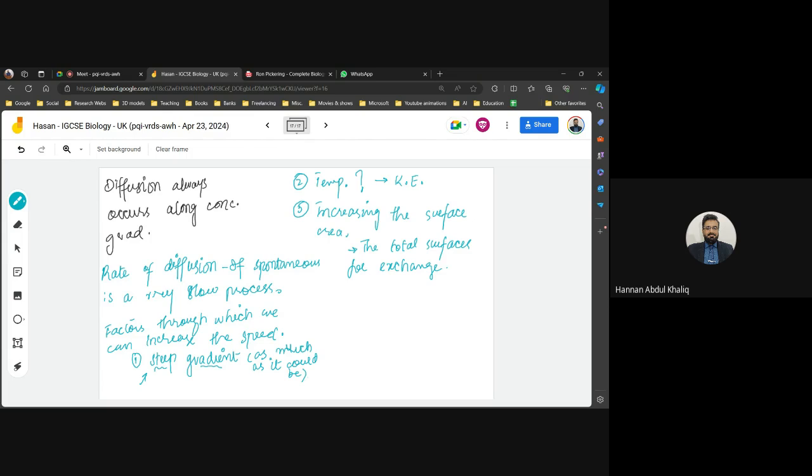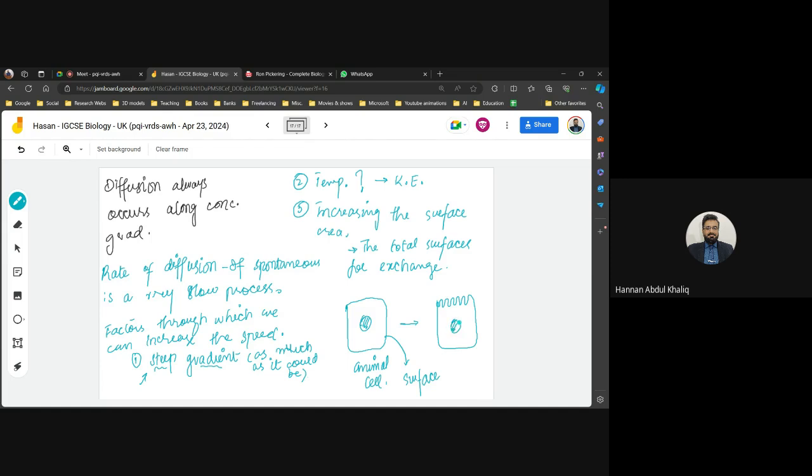What does it mean? Suppose this is a cell. This is an animal cell, and the outer side is the surface. This is the surface. Now, this is another animal cell.